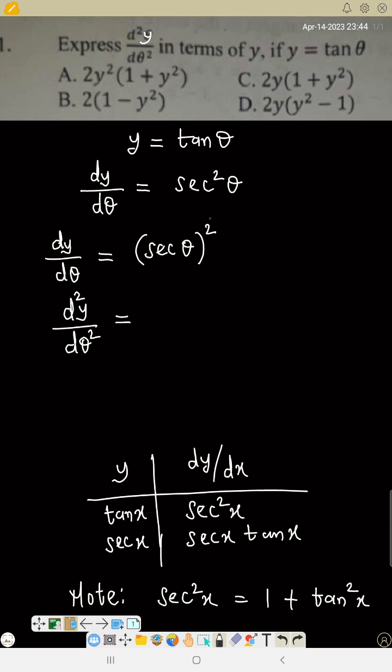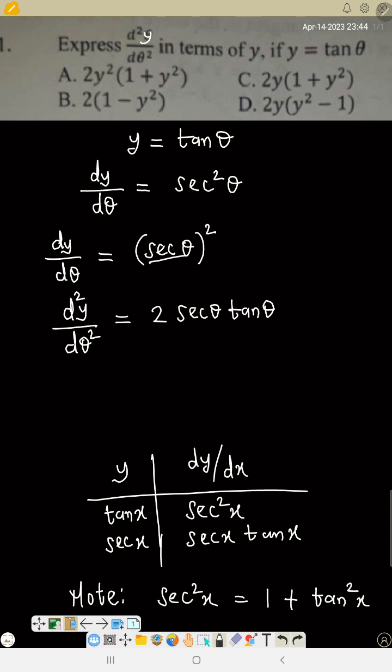See the steps. The power is 2, write it first. Differentiate what you have in the brackets. Differentiate sec θ and you get sec θ tan θ.